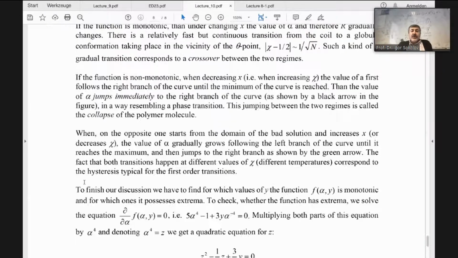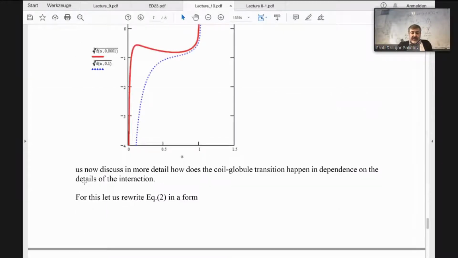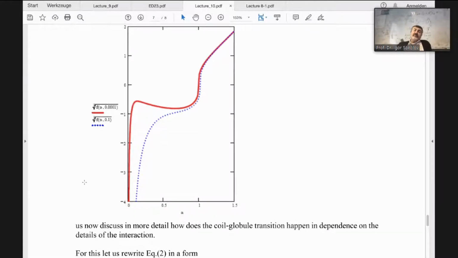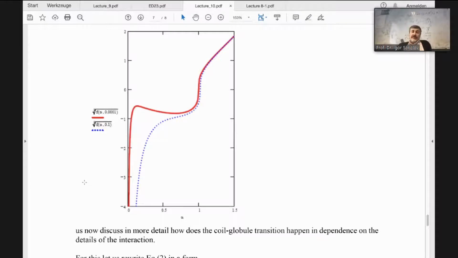And now let me look at this graph once again and discuss how this transition between a swollen polymer chain, between a coil and a globule, takes place when I cross the critical temperature, when I cross the theta line, at which phi is equal to 1/2.